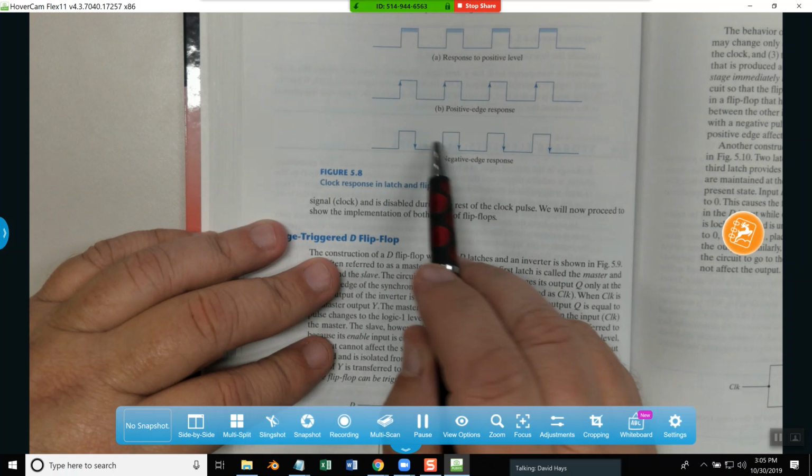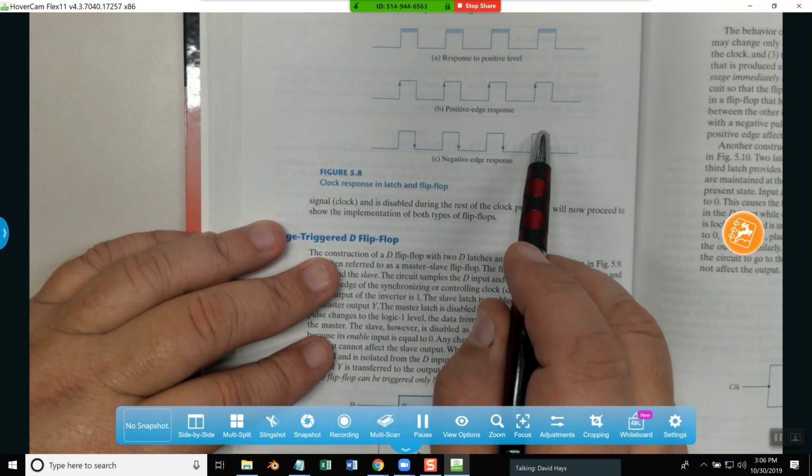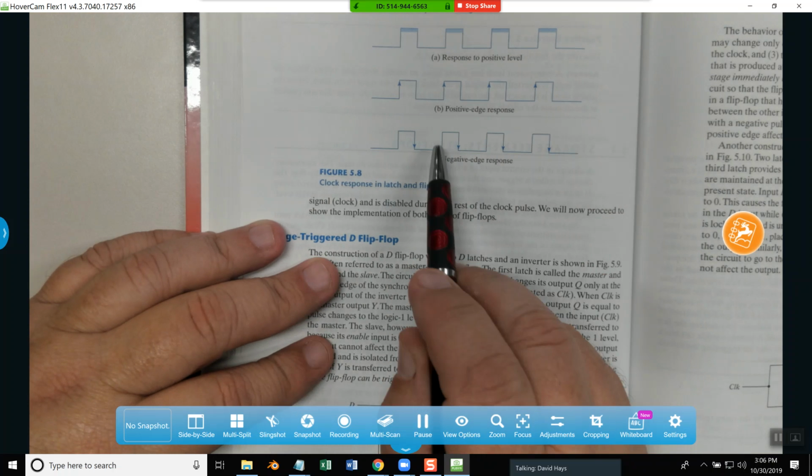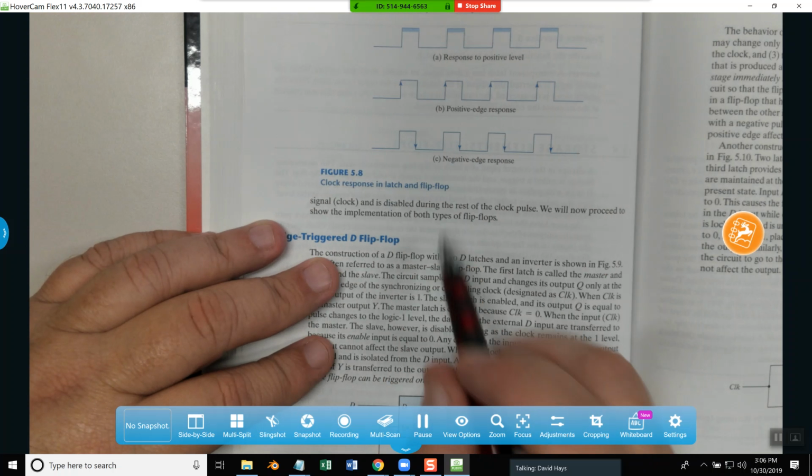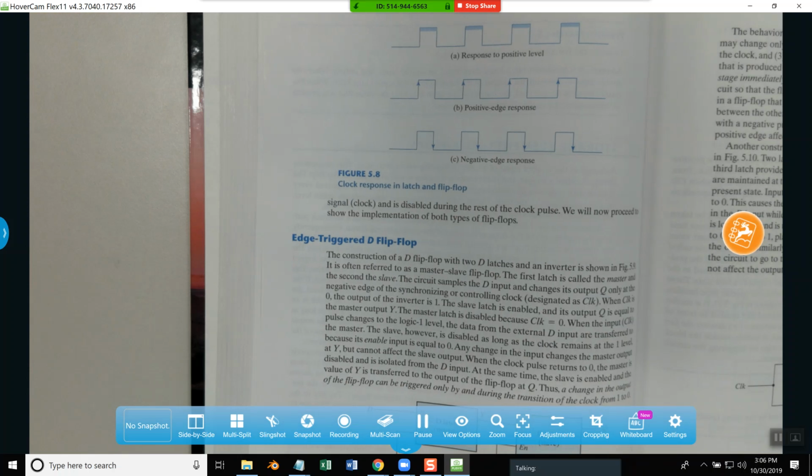The circuit samples a D input and changes its output Q only at the negative edge of the synchronizing or controlling clock. When clock is 0, the output of the inverter is 1. Okay, so 0 is coming in here.